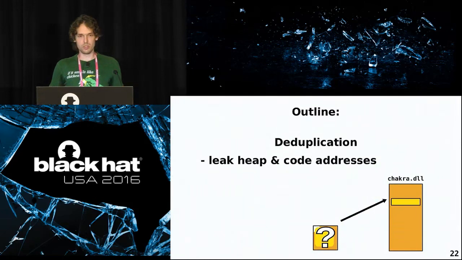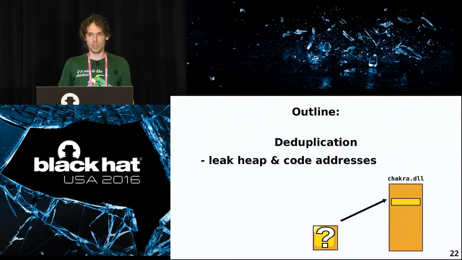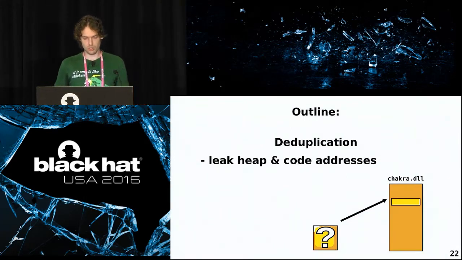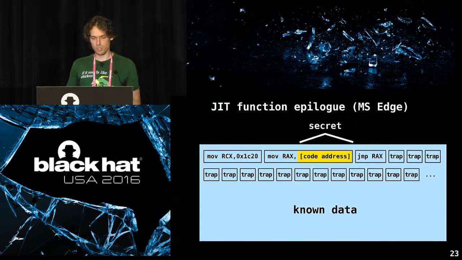In our case, we will use the first primitive, the alignment primitive, to leak a pointer to the JavaScript library in Edge. The Edge JIT compiler compiles native code, and the function epilogue of this native code contains all known data except for a code address.